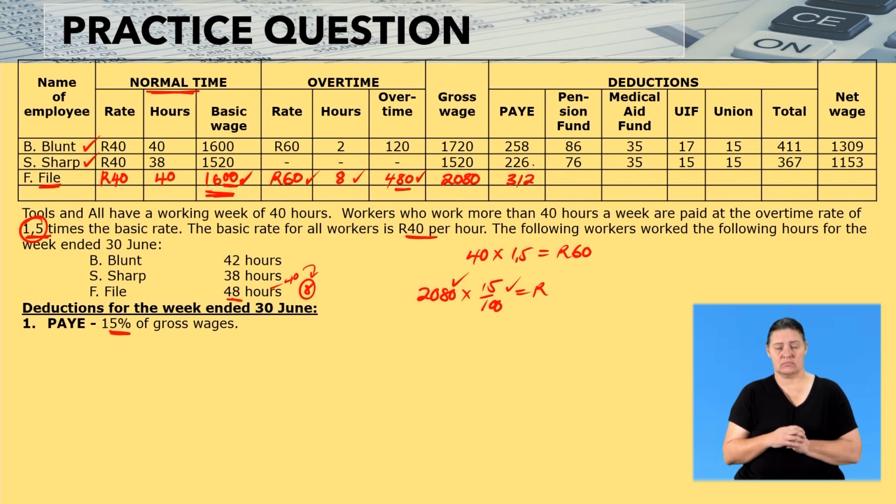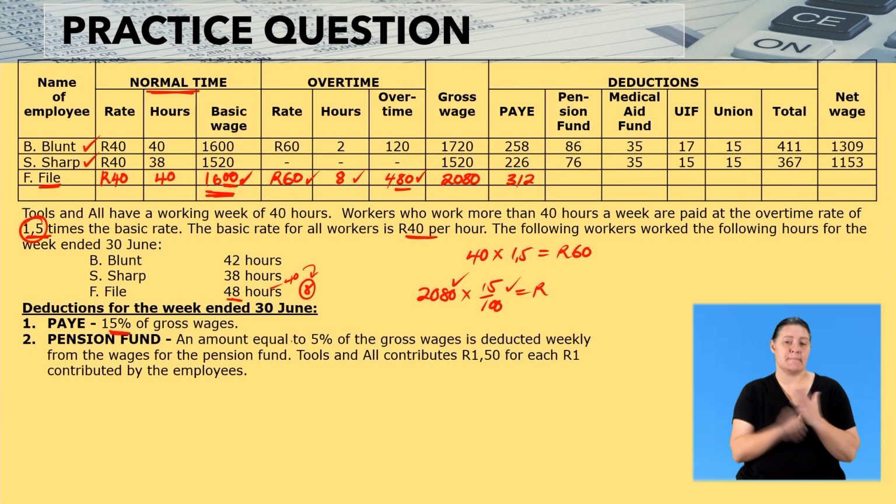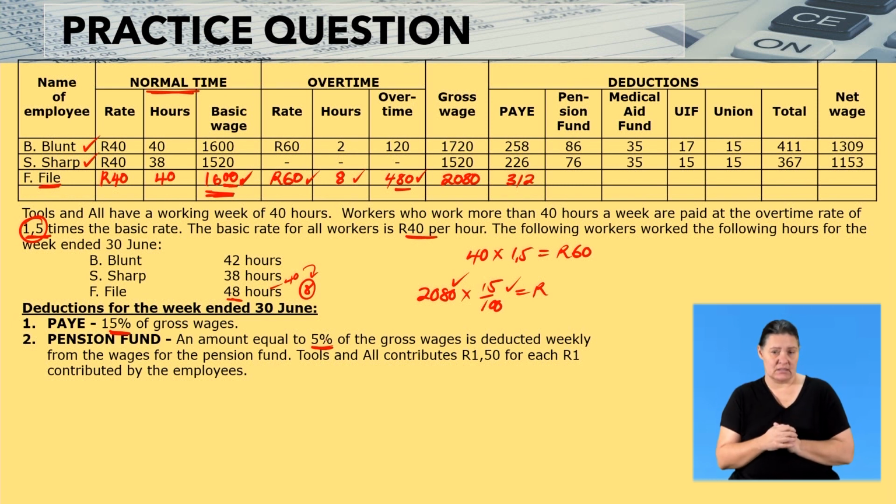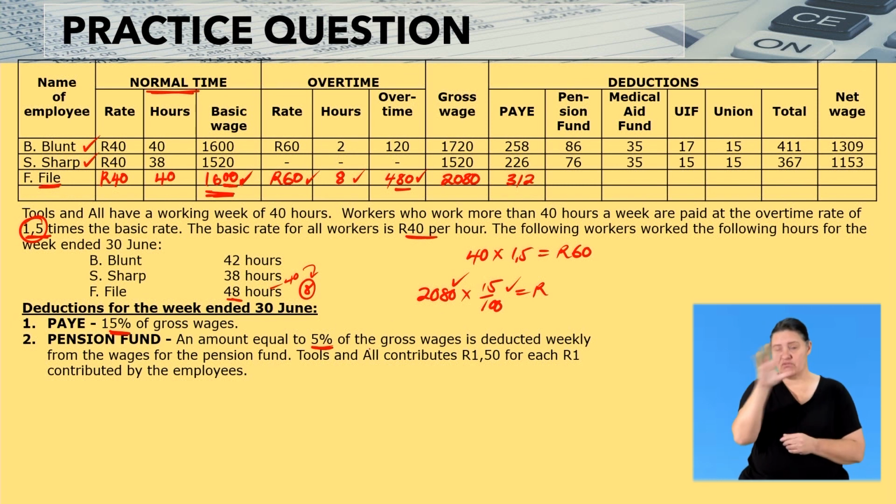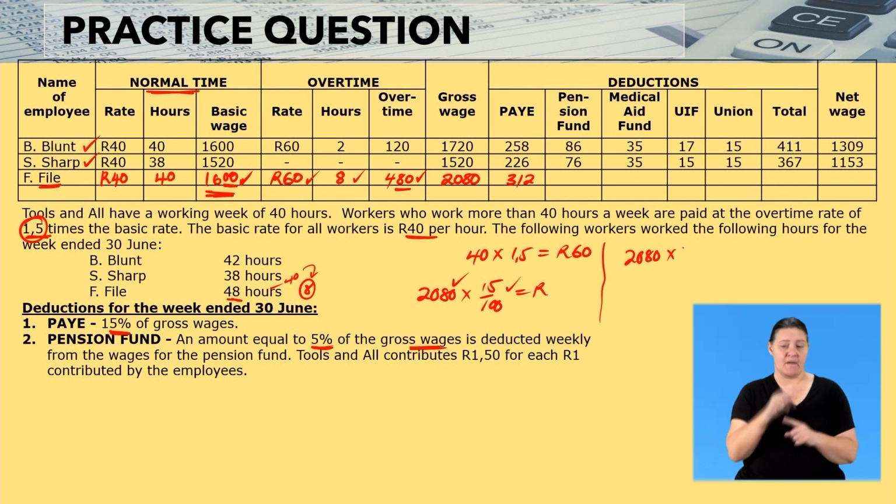312. The next one becomes pension fund. It says, an amount equal to 5% of the gross wage is deducted weekly from the wages for the pension fund. That means I have to get 5% of the gross wages. My gross wage is 2,080 multiplied by 5%.